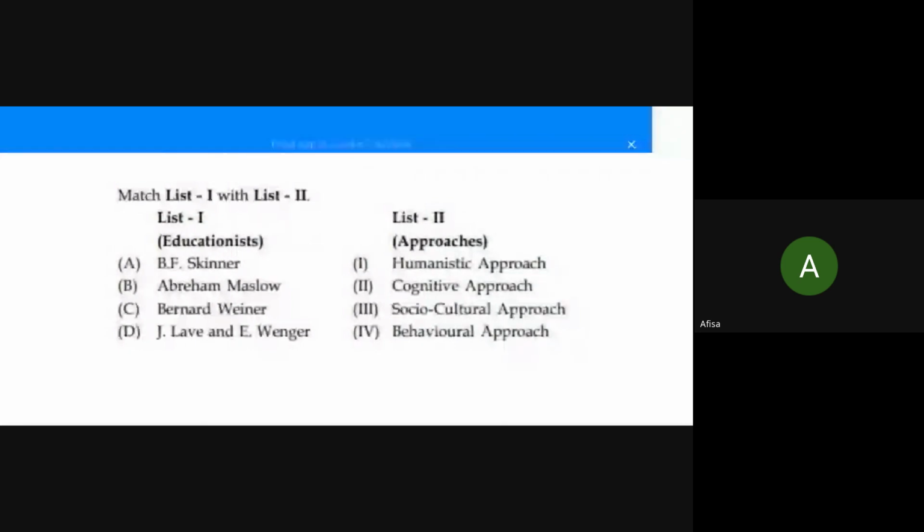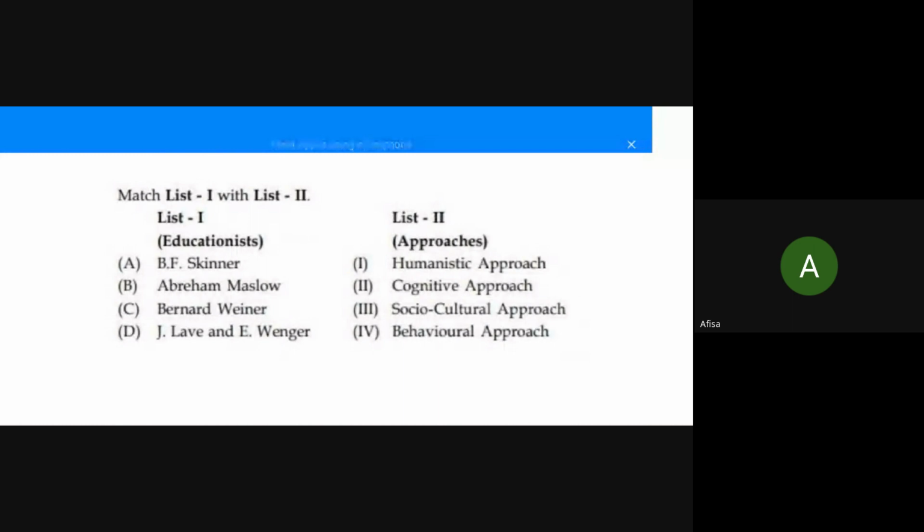Second one is Abraham Maslow, who is associated with the humanistic approach. Third one is Bernard Weiner, who is associated with the cognitive approach, second option.